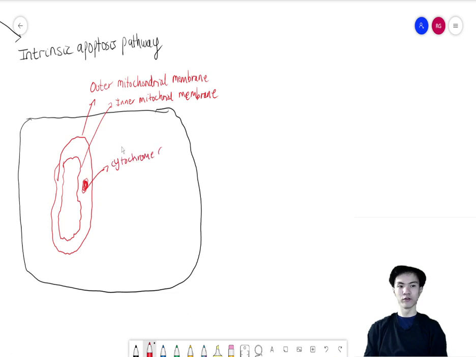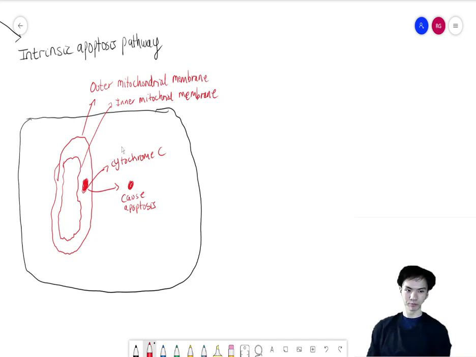It's also involved in the intrinsic apoptosis pathway because cytochrome C is usually only found in the intermembrane space. So if it somehow managed to leave the intermembrane space, this is going to cause apoptosis, by activating caspases, which we discussed earlier in the extrinsic apoptosis pathway.